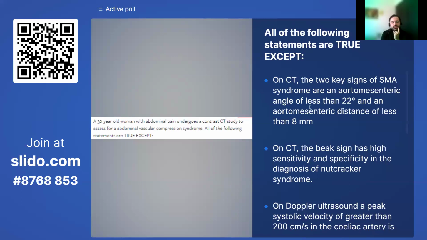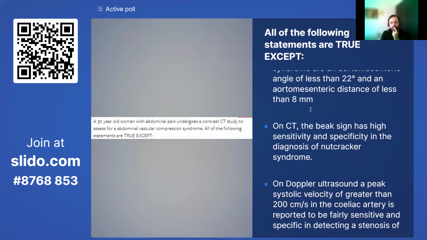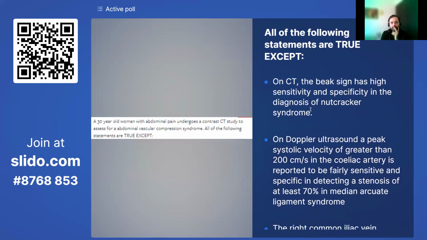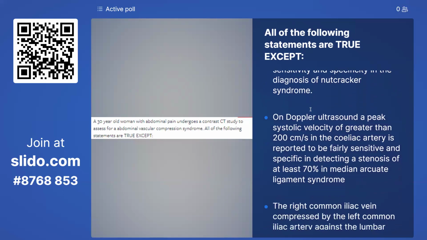So this question has options which are longer, and I'm going to be scrolling down slowly just so that you all can read through all the options. This is the third option. Noha, are you here? Are you able to unmute and speak?